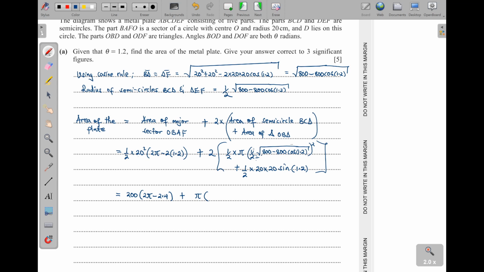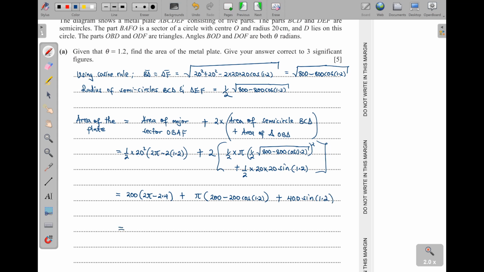Now, of course, this square root will go with the square, okay? Now, 800 divided by 4, that one will give us 200, not so. So meaning here we have 200, then minus again 200 cosine of 1.2, then plus again this 2 here times this one here, that one will go, 20 times 20, that is 400, then the sine of 1.2.